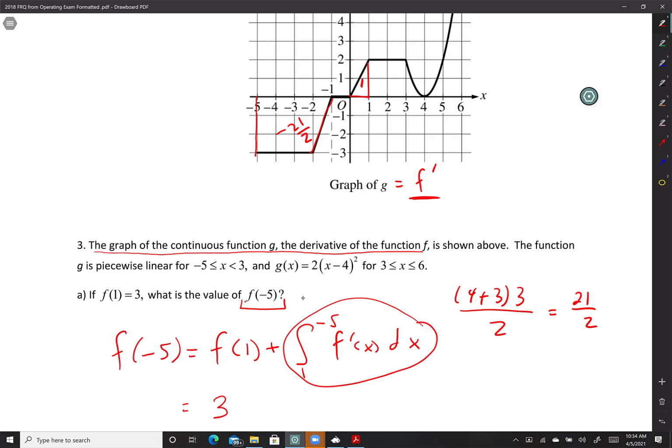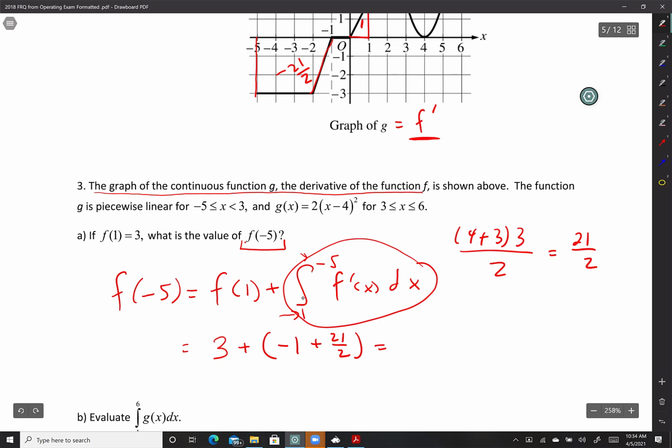Now look how I'm counting. I'm counting backwards, so it's going to be a positive. I hope that doesn't confuse anyone. Since you're counting backwards, whatever is positive is negative, whatever is negative is positive. So 3 plus -1 plus 21 over 2. And you can actually leave it like that, guys. I wouldn't, but you can. 3 plus -1 is 2, plus 21 over 2. 2 times 2 is 4, so 4 over 2 plus 21 over 2 is 25 over 2.